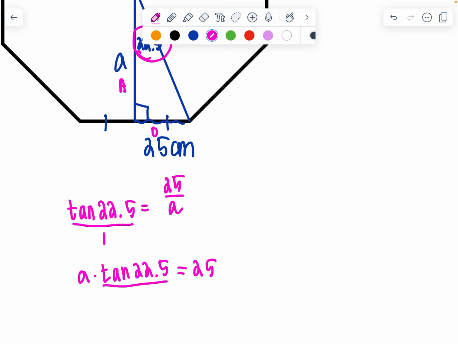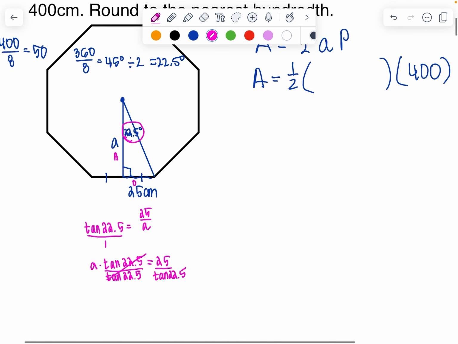And then to get A, the apothem, by itself, divide by tangent of 22.5. That cancels, and the apothem, which is what I'm looking for, is 25 divided by tangent of 22.5.